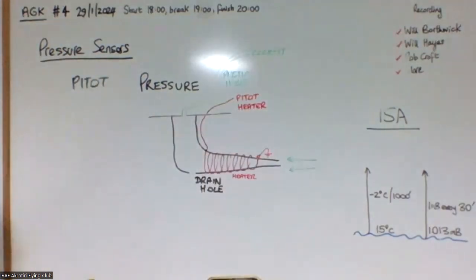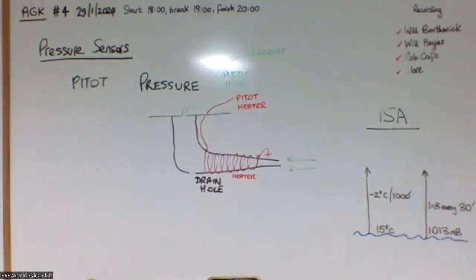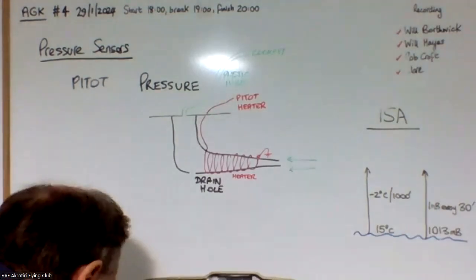And in the cockpit, there's a switch where you can click the switch, and there's a pitot heater, and it will heat up the pitot tube. It's not quite on my diagram.